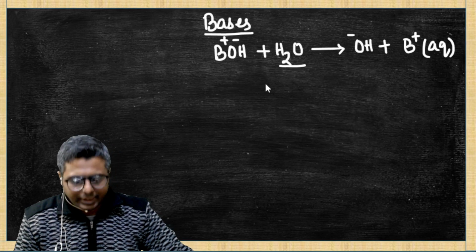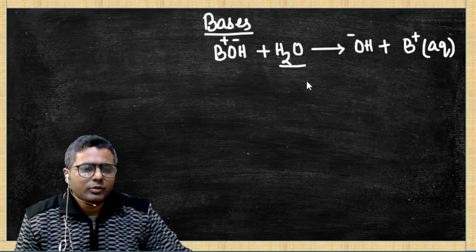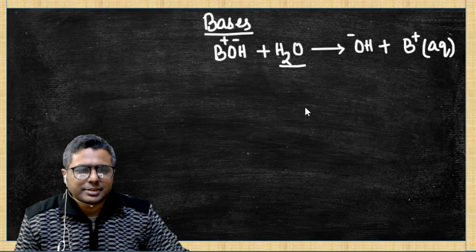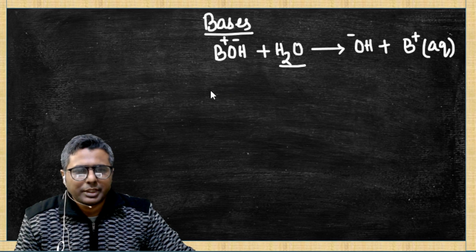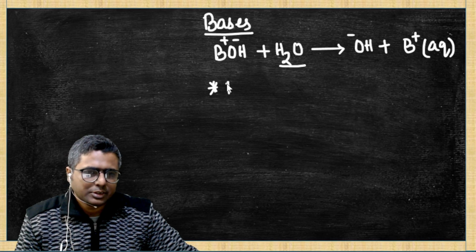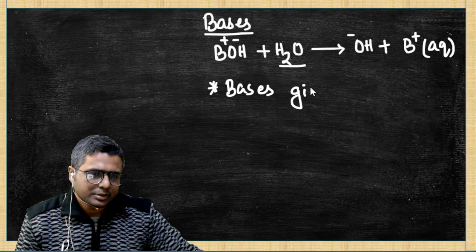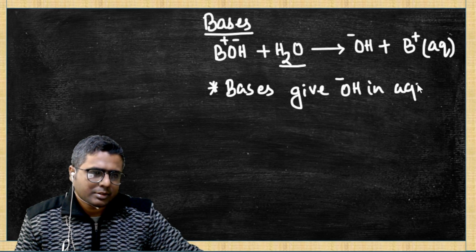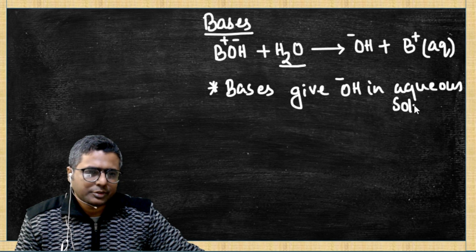So whenever any substance is giving OH minus in aqueous solution, it will be termed as base. So base gives OH minus in aqueous solution. Bases give OH minus in aqueous solution.